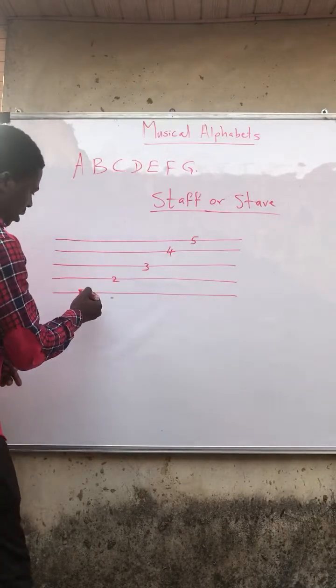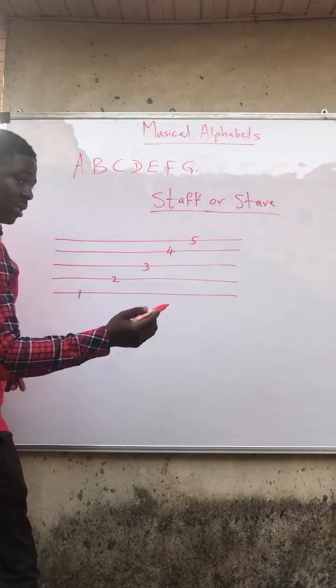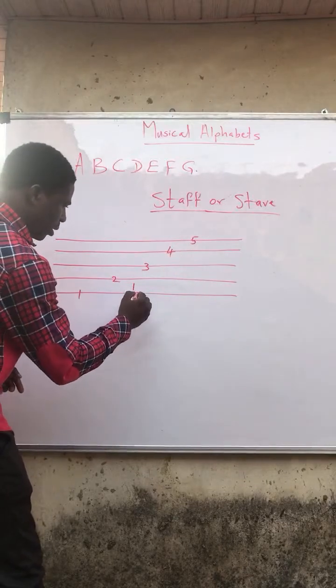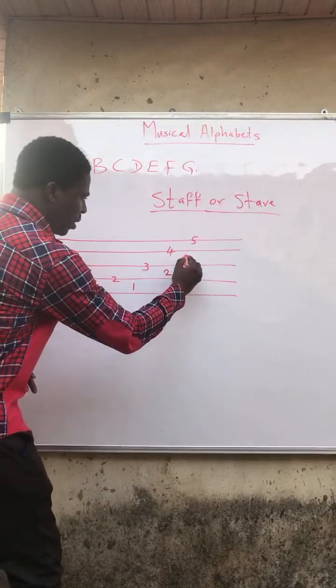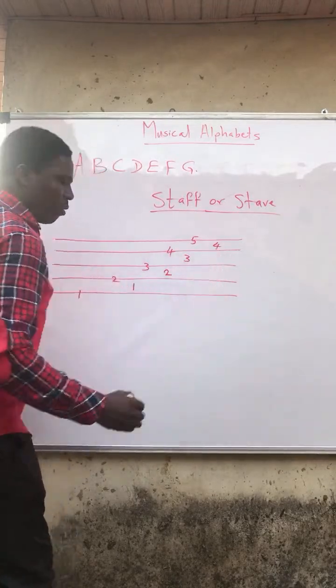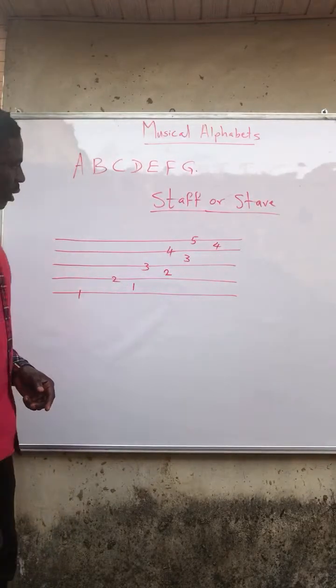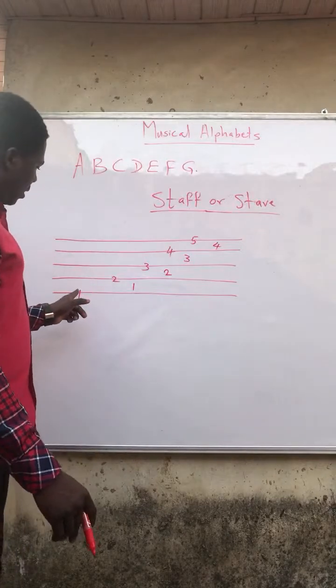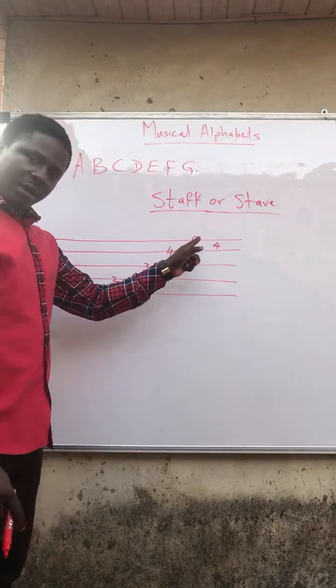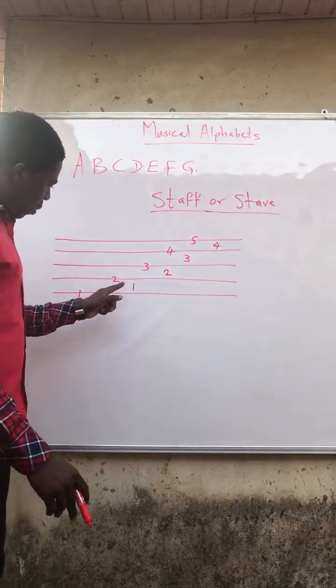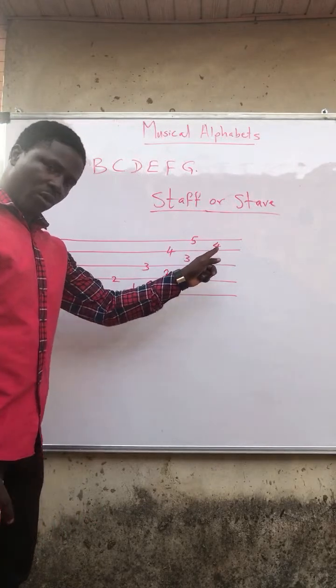So lines 1, 2, 3, 4, 5. Then the spaces: you have space 1, space 2, space 3, and space 4.